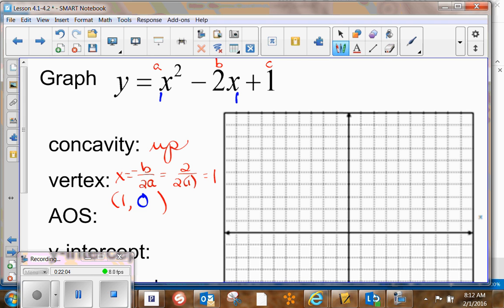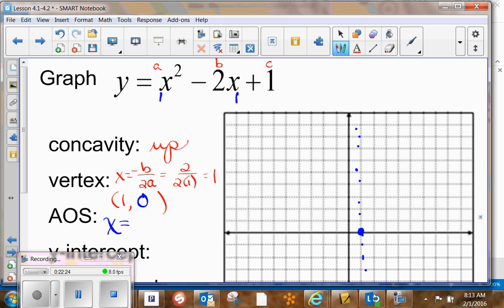So the vertex is (1, 0). The line of symmetry always matches the x of my vertex because it's going to go right through my vertex. So what's that equation going to be?